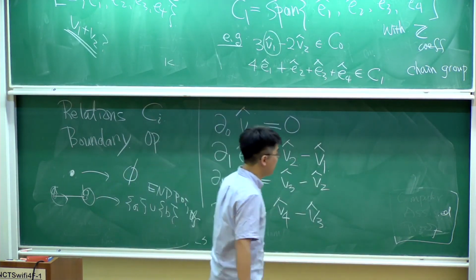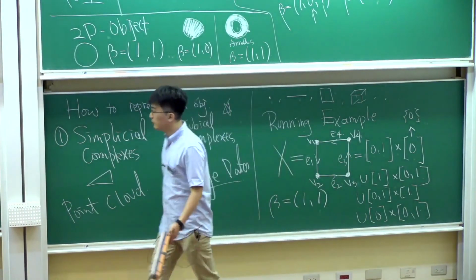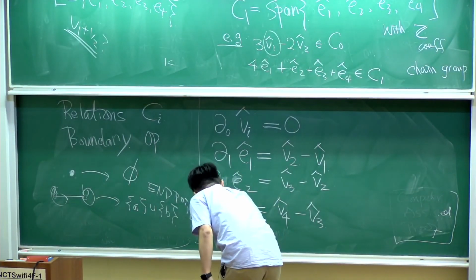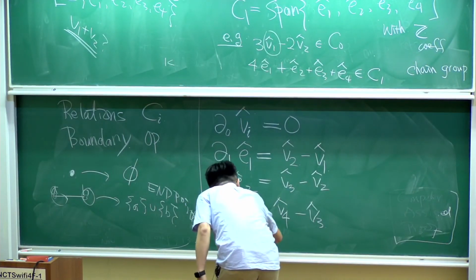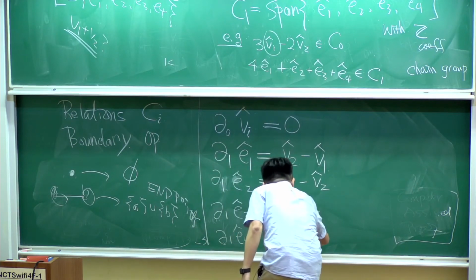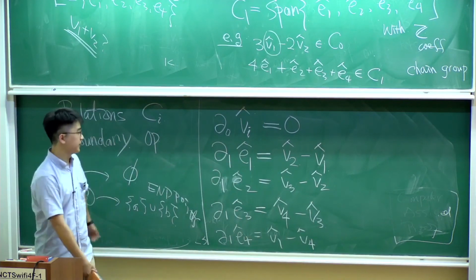Lastly, yes, E4 will be V1 minus V4. Okay, that's how you can do it. Okay, good.